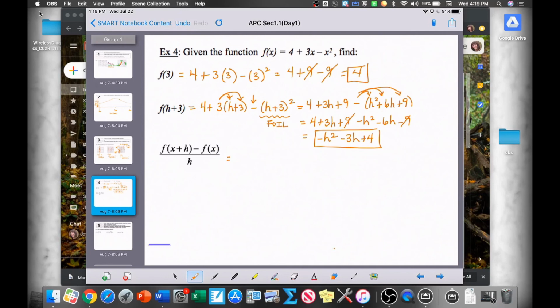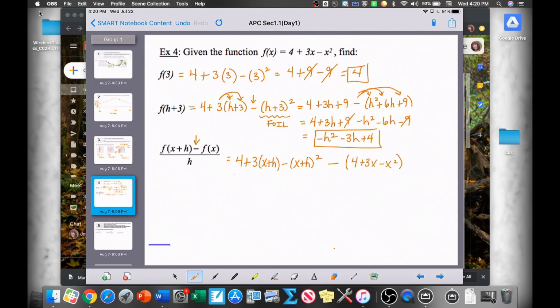Well, that's going to be 4 plus 3 times (x plus h) minus the quantity (x plus h) squared. And then we've got our minus sign, which is this minus sign right here. And then we're just going to subtract f of x, which is our function. So I need a parenthesis because we're subtracting the whole thing, which is 4 plus 3x minus x squared.